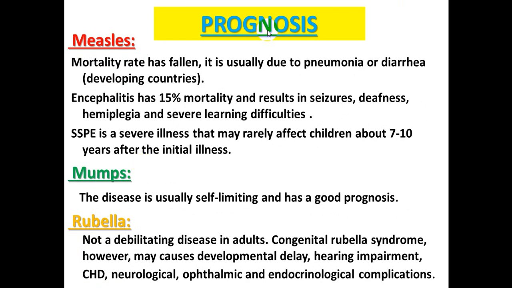About the prognosis, measles, the mortality rate has fallen, and most of the mortality due to the measles is due to the pneumonia or diarrhea, especially in the developing countries. But generally the mortality has declined due to the advancement in health care, and the management and the supportive measures.